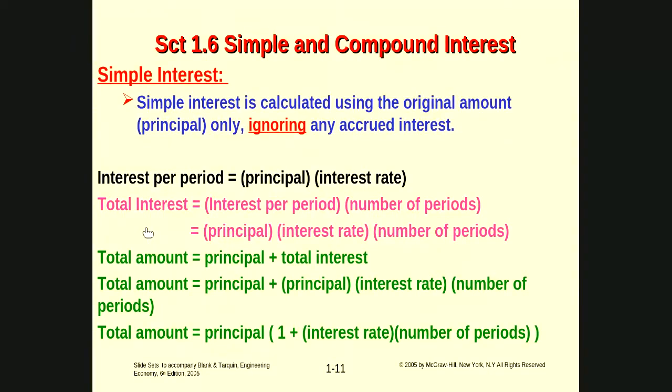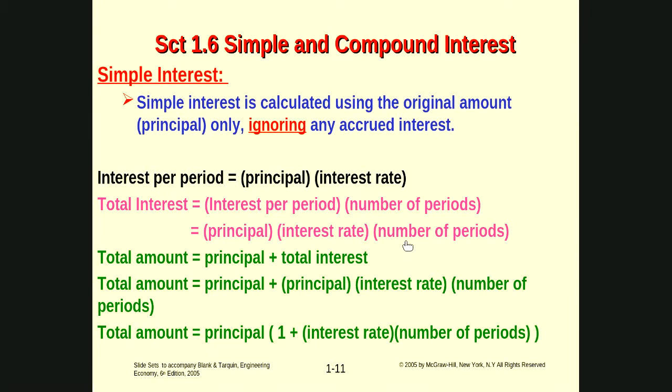But always the concern is how much interest at the end I'm paying. So the total interest is the principal multiplied by the interest rate multiplied by the number of periods.